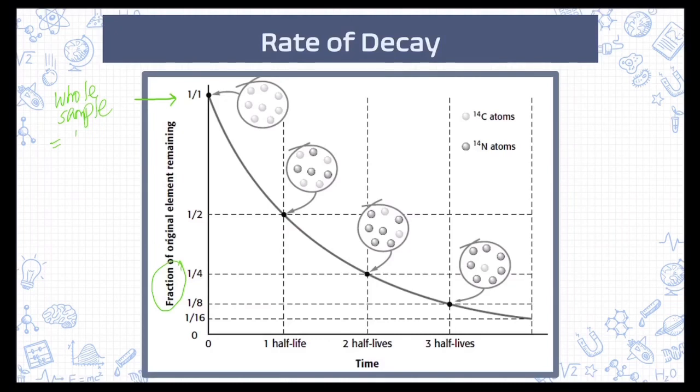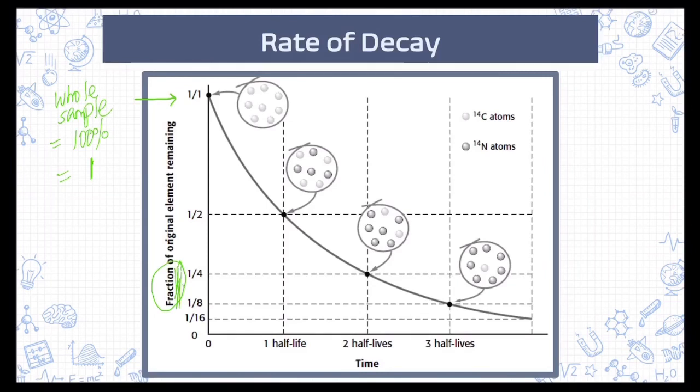Or you could say it represents 100% of the original mass, of the initial mass of the sample. And sometimes you may just see it expressed as 1, because 1 divided by 1 is just 1, right? So if you don't see a mass in this spot on the y-axis, you may see fraction or ratio or percentage. Okay, so just be aware of that.